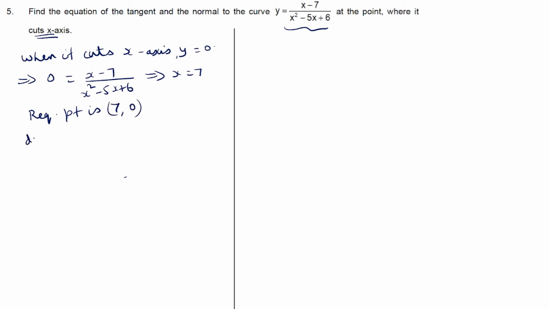Now let us find dy by dx. We need to differentiate this. So it is x square minus 5x plus 6 the whole square. Keep the denominator, differentiate the numerator, minus keep the numerator and differentiate the denominator.